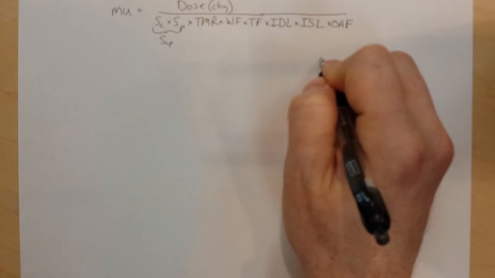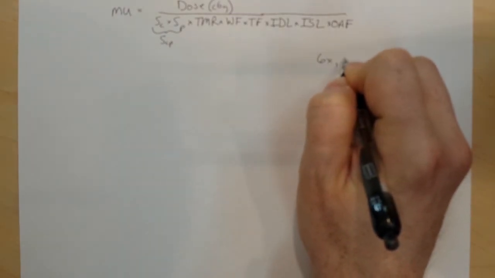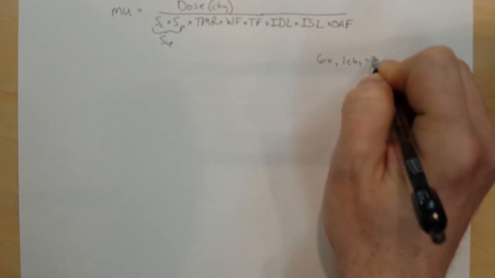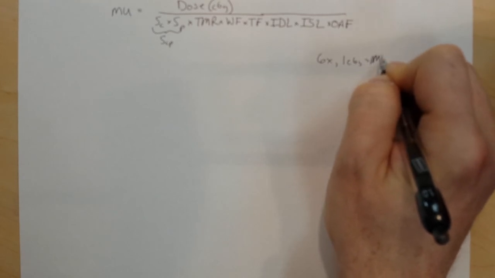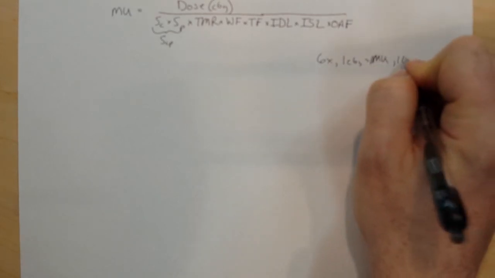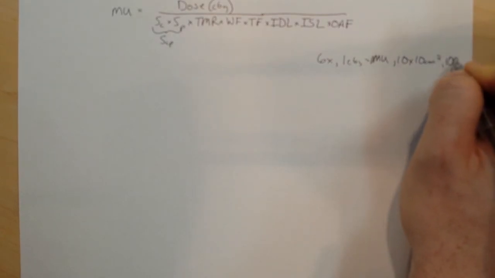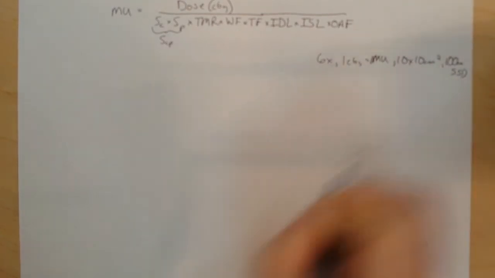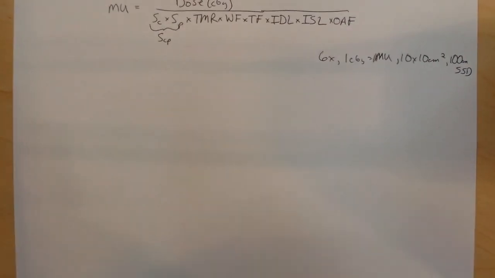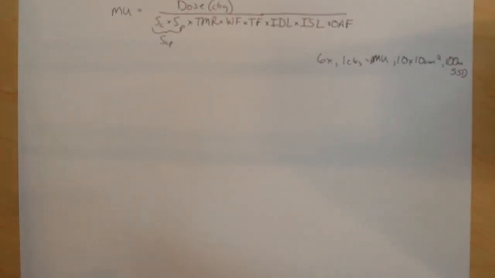In our case, let's say 6X is calibrated to deliver 1 centigray per 1 MU for a 10 by 10 field size at 100 centimeter SSD. Under those exact conditions, if I dial up 1 monitor unit in the machine, I deliver 1 centigray at Dmax.